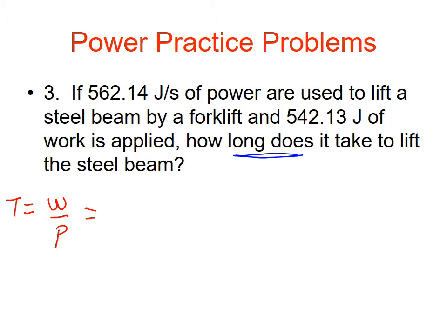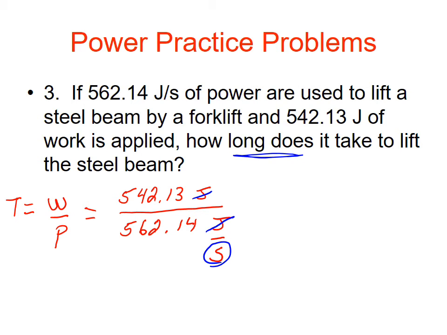And my work, since I'm lifting, is going to be 542.13 joules. The power is 562.14 joules per second. So units, joules divide away. Seconds is going to come up into my final answer. So my final answer is going to be in seconds. And when I mathematically calculate it, run it through the calculator, I get 0.96.